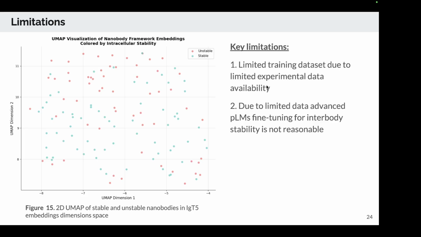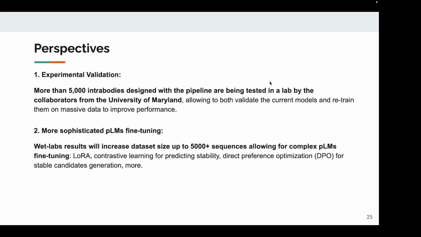But I think that the main problem is that we had a very limited data set, less than 200 sequences. We were not able to train more complex machine learning models and had to resort to frozen embeddings. So I think that with more data and using more complex models, we would be able to push this boundary. But for now, it's about 80% accuracy.